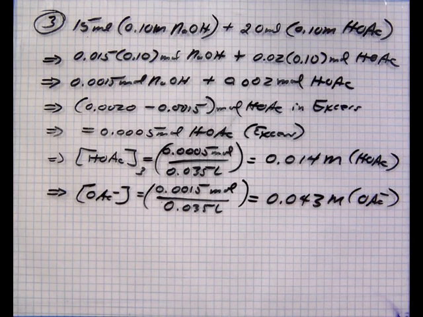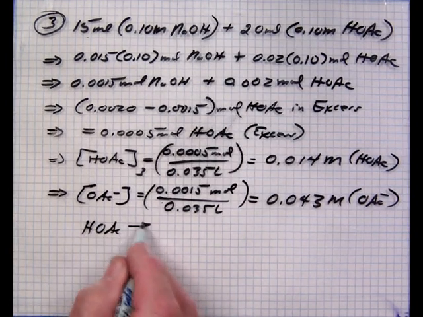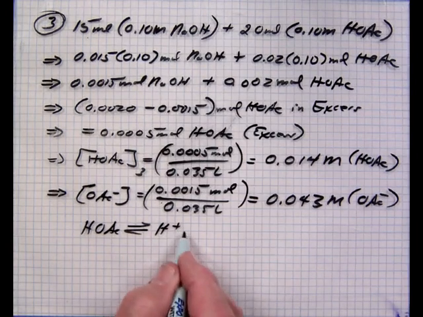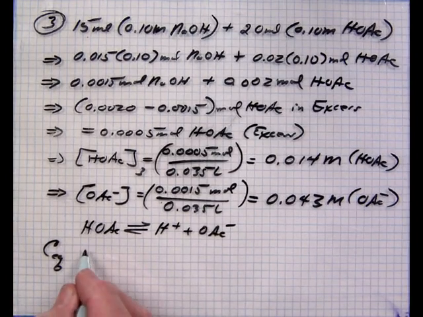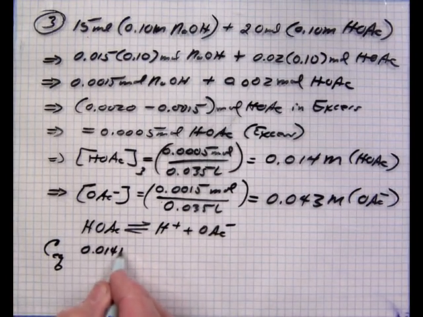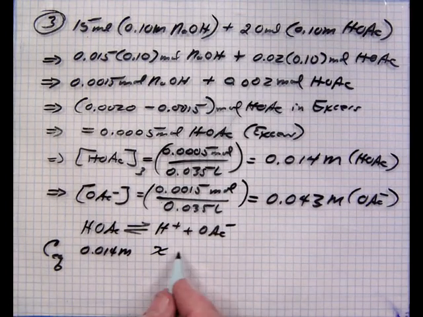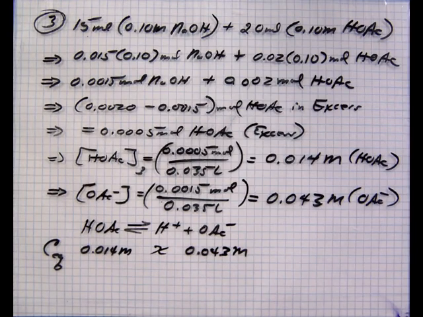So now that is applied to the equilibrium expression for acetic acid, and then calculate the hydronium ion concentration. So here I'm just going to make these two at equilibrium. So our concentration at equilibrium is now 0.014 molar, and here we're looking for the hydronium ion, so 0.043 molar in the acetate ion.